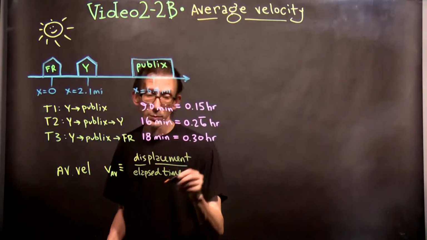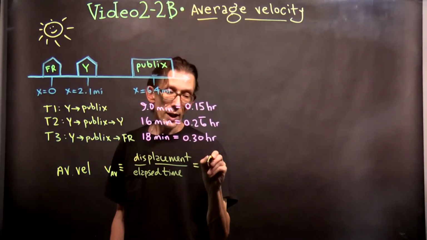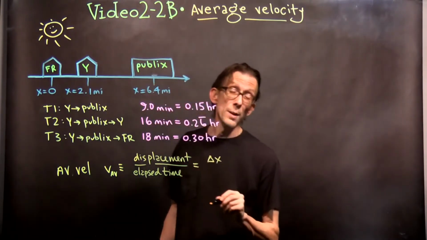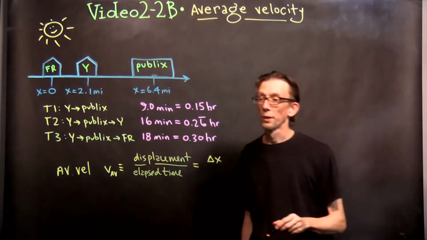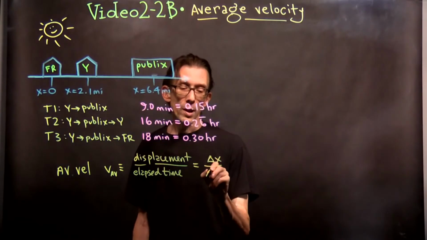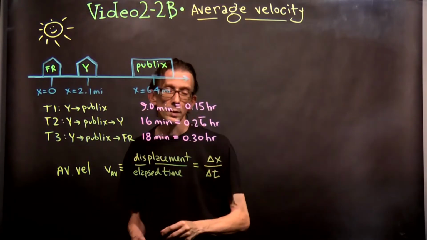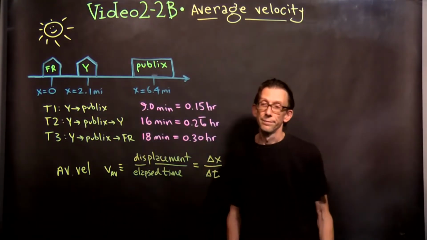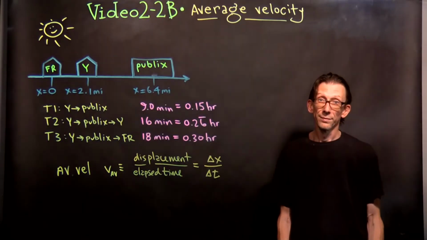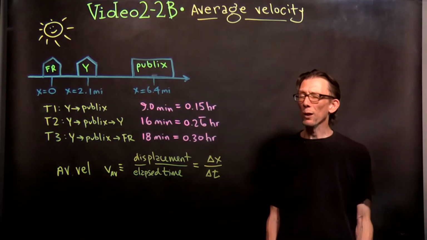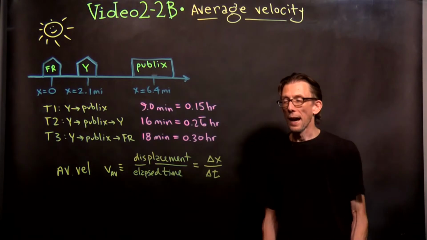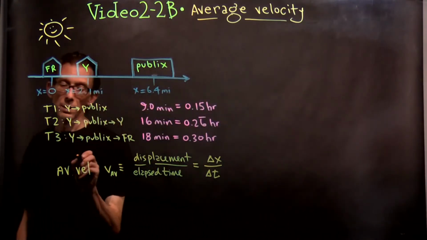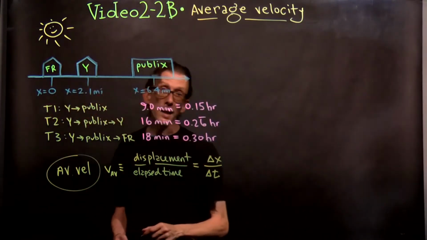Or delta x. Remember, delta x is our symbol for displacement. Delta x over delta t. It's got a more mathematical definition to it. Average velocity is not the same as average speed.